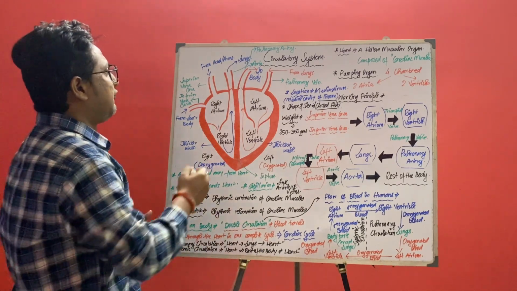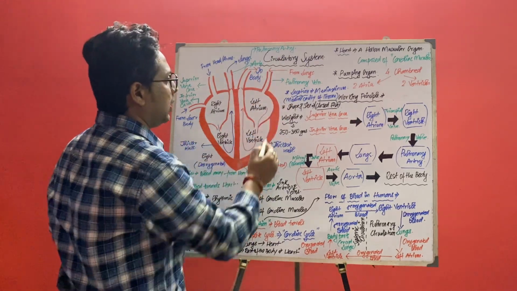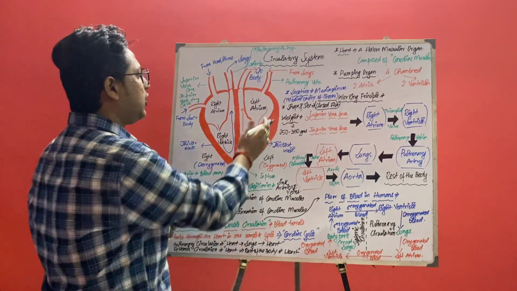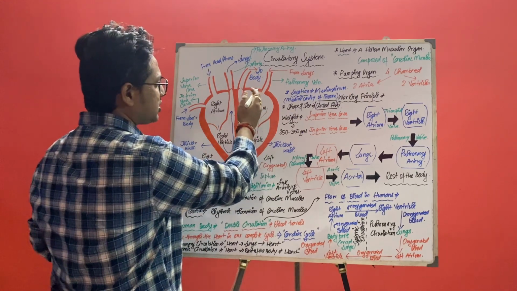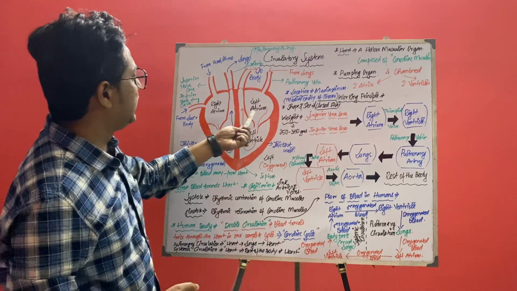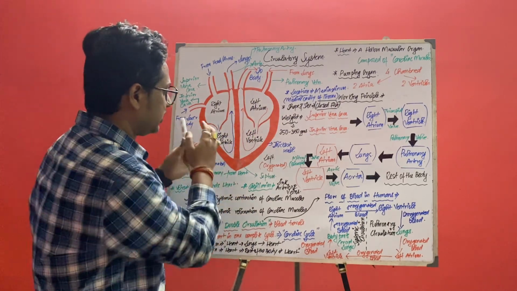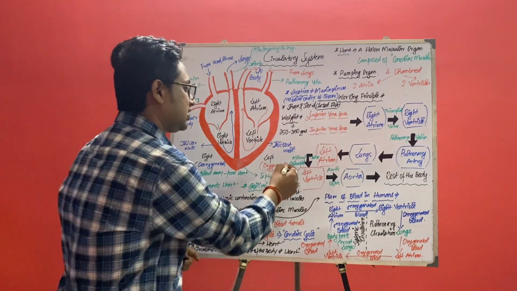From the lungs, the oxygenated blood returns to the left atrium via the pulmonary vein, and from the left atrium it drains to the left ventricle. This portion between the left atrium and the left ventricle is regulated by another valve called the bicuspid valve.